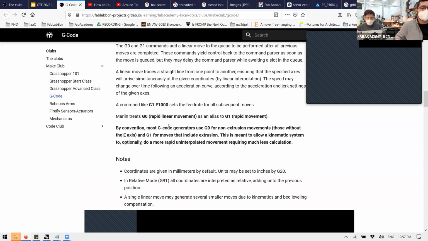So usually the G0 is what is called rapid linear movement. It means transfer movements. When, for example, last week you were cutting, the machine was moving in the air, moving really fast, no? That would be a G0 movement. When the machine is cutting, it moves at the setting speed that you establish, that is the feed rate.